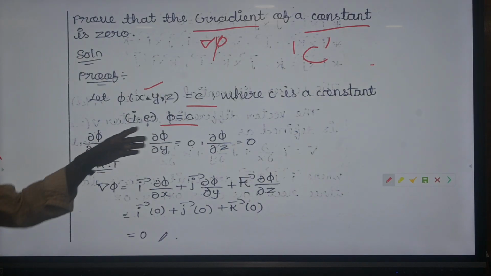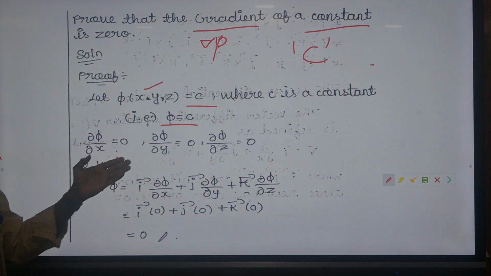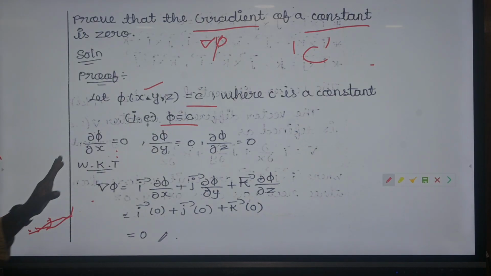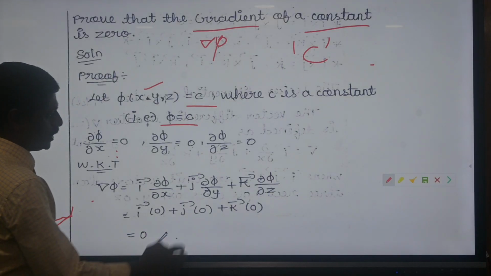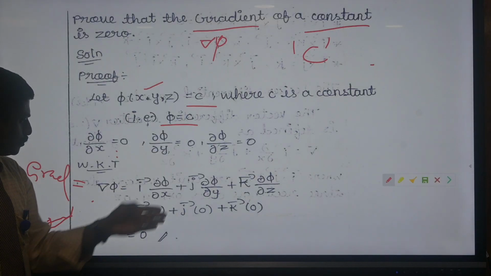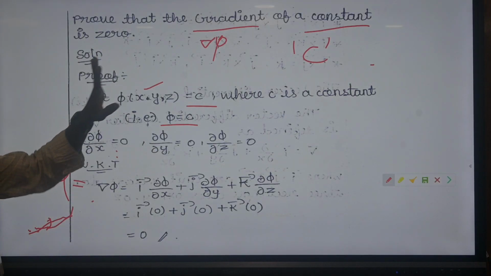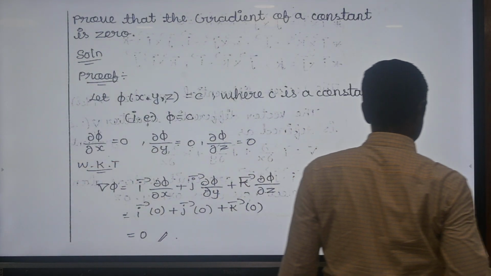When you differentiate a constant partially with respect to x, you get 0. So whatever x, y, z, it becomes 0. We know the formula: del phi equals i dou phi by dou x plus j dou phi by dou y plus k dou phi by dou z. This is called the gradient. Shortly we can write grad. When you substitute, you get the answer. So I proved the gradient of a constant is 0. Next result.